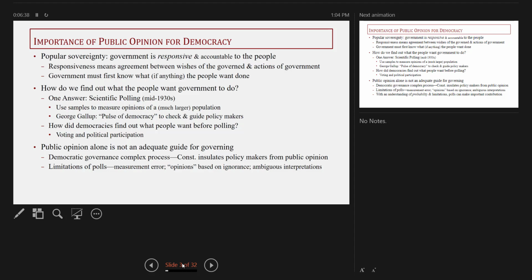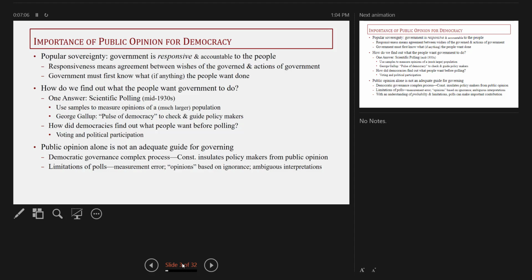We've also learned many of the important limitations of public opinion polls. There's always measurement error, and we're going to talk about some sources of measurement error in a minute. But we've also learned that when researchers or interviewers ask an American their opinion about something, a lot of times this so-called opinion is not really an opinion based on any kind of knowledge or thought-out rational process.